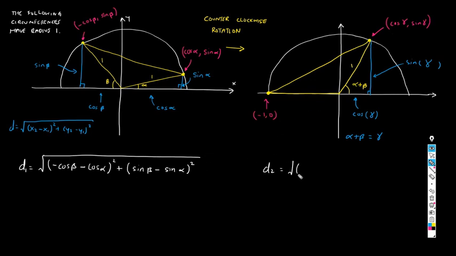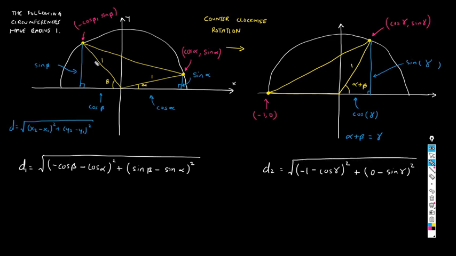So we start with x2, which is minus 1, okay, and then minus x1, which is cosine of gamma, to the square, plus y2 minus y1, this is y2, minus y1, which is this, to the square.